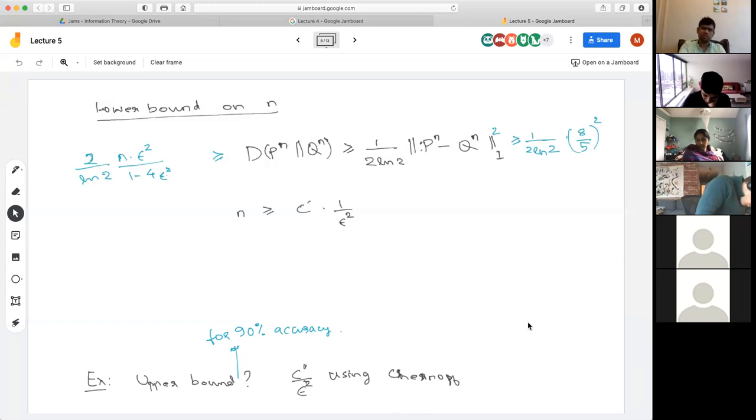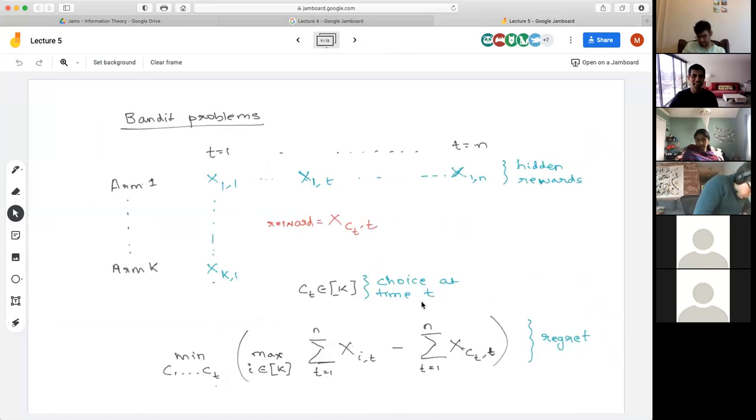Okay. Now let's see an application to a slightly more involved setting. As you'll see, it's again the same calculation with a little care and some slightly more carefully defined random variables.